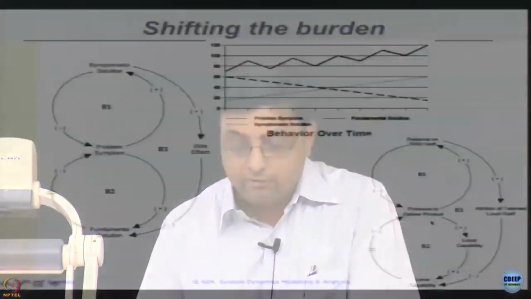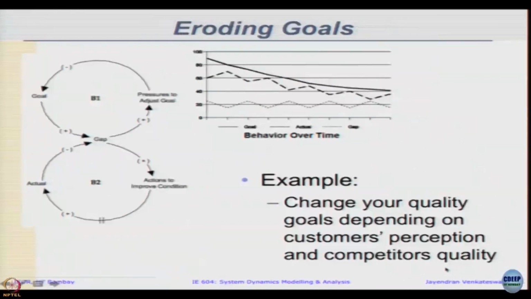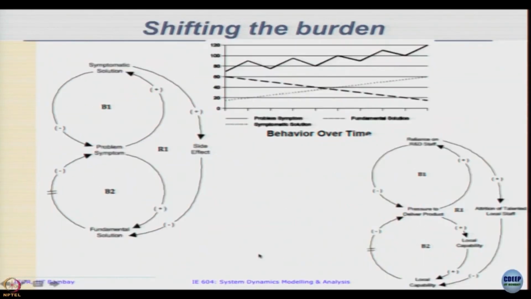The problem is they are relying on very few experts to solve the problem. The result is, since there is a lot of pressure to deliver, all the experts from R&D are sitting on the shop floor trying to fix the problem to ensure that the products are going. It is going to affect the local capability to actually solve the problem. The result is, they may also not want to stick around if they are always firefighting. They may say, okay, I might leave the organization, which is a side effect you may end up actually facing.